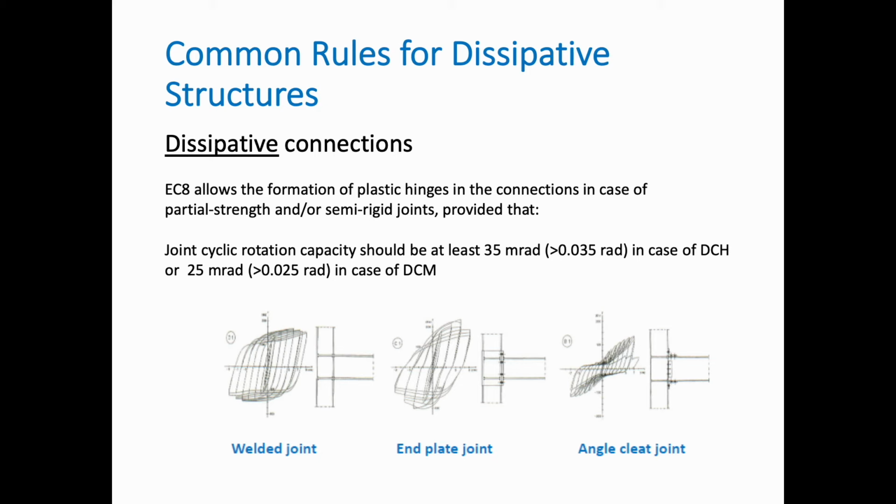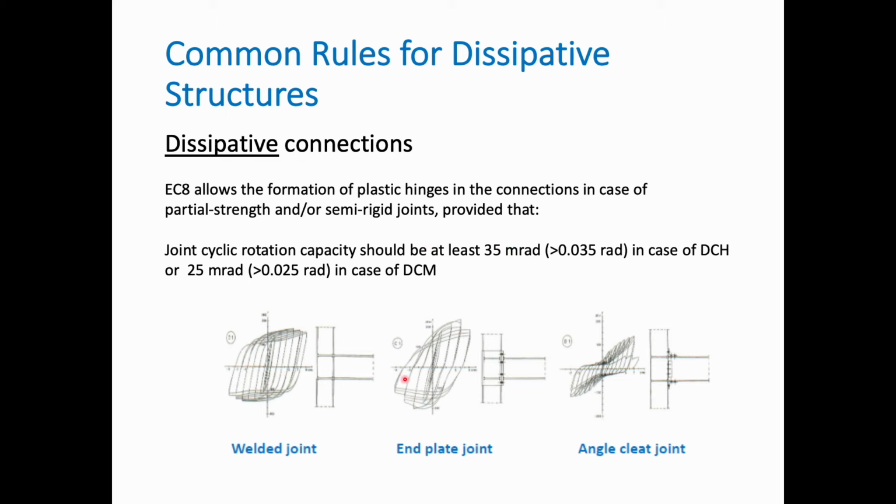As I said before, the connections having at least 25 mrad rotational capacity are the medium ones, so we can even go for higher. In Eurocode 8 it does go to higher demands of rotational capacity as well.